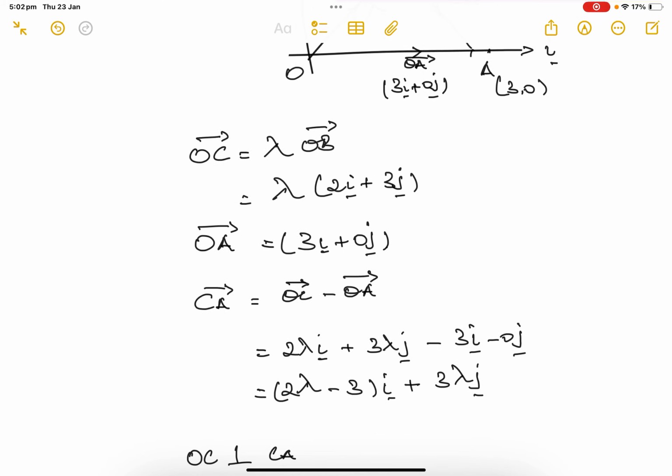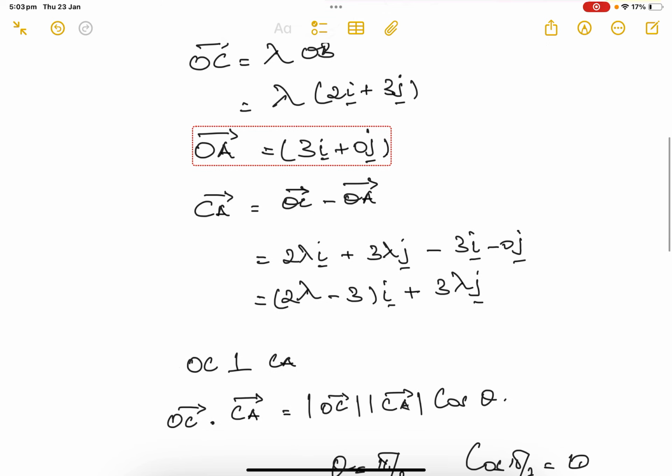OA, of course, we know is 3i, so 3i plus 0j, the vector OA. From that, we can work out, using the vector property, CA equals the position vector of C minus the position vector of A. The position vector of C, which is OC, we just found: lambda times 2i plus 3j.